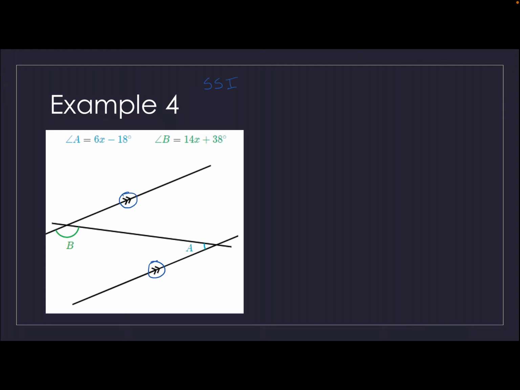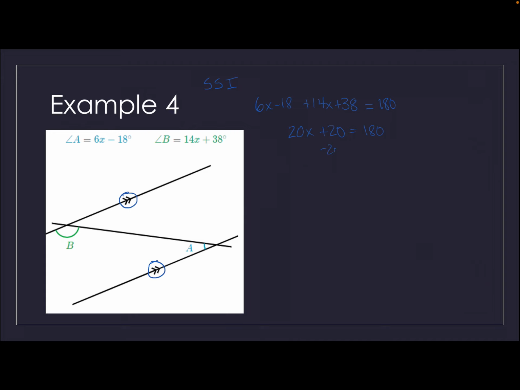Same side interior angles are supplementary, which means that 6x minus 18 plus 14x plus 38 is equal to 180 degrees. So if we combine like terms on the left, we get 20x plus 20 equals 180.